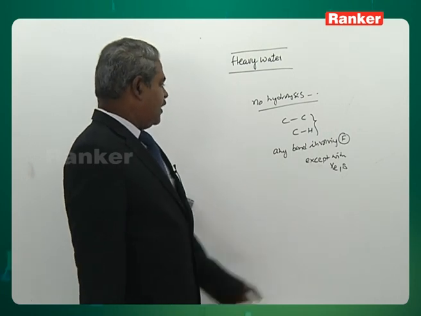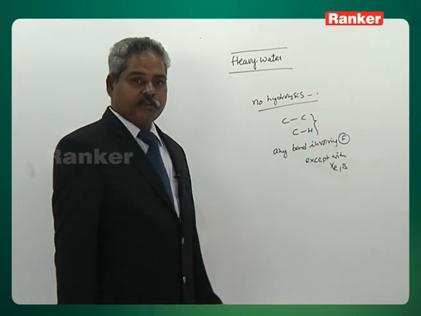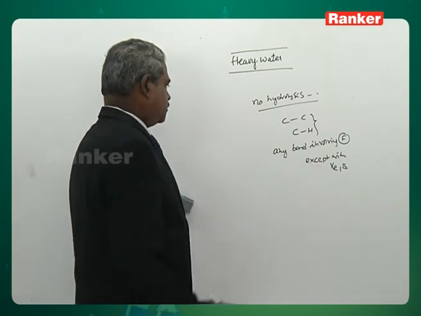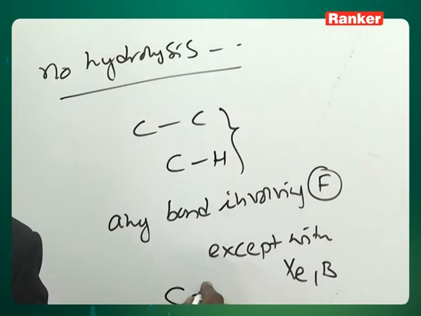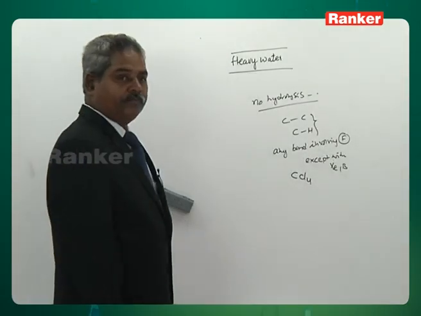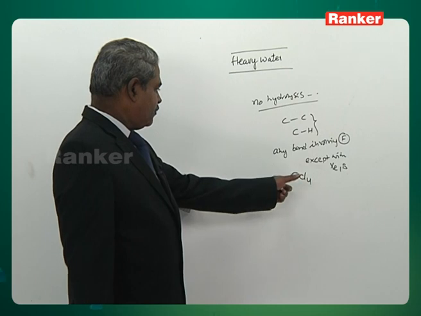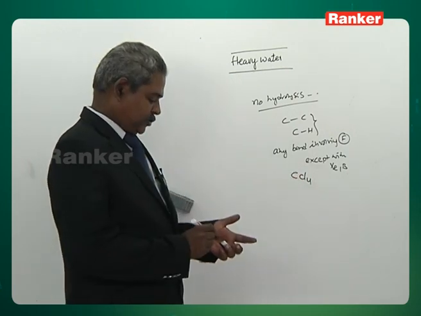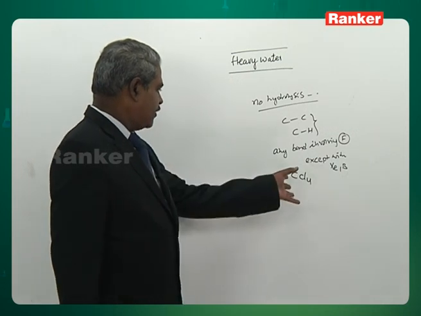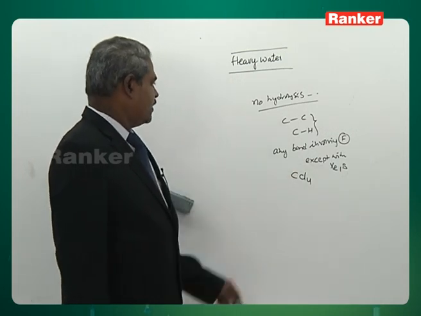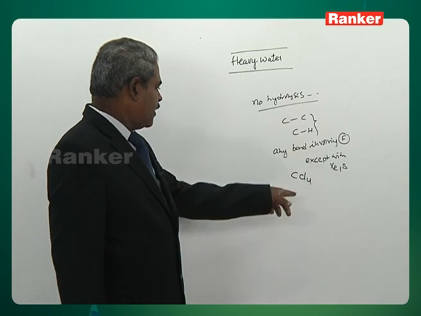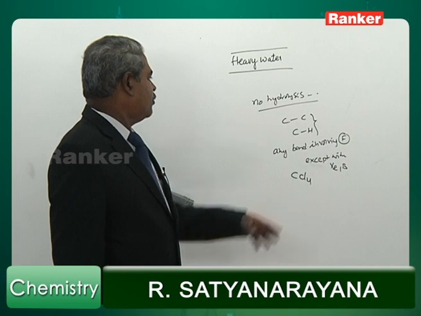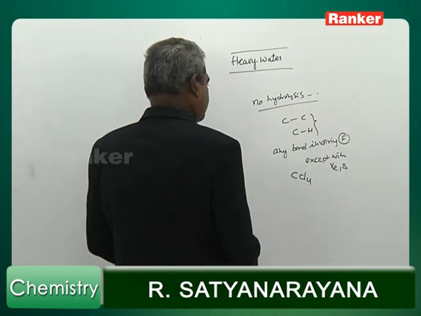Xenon fluorine and hydrolysis of xenon fluorides we have to learn separately. Now, CCl4 doesn't undergo hydrolysis. CCl4, a net non-polar molecule, doesn't undergo hydrolysis because of non-availability of vacant orbitals, some reason.